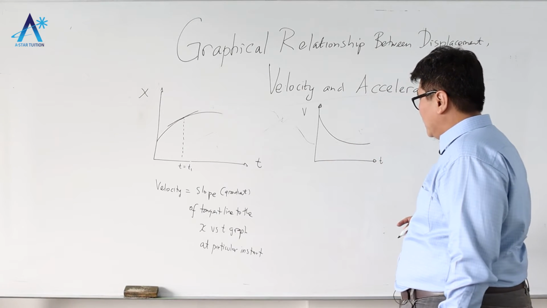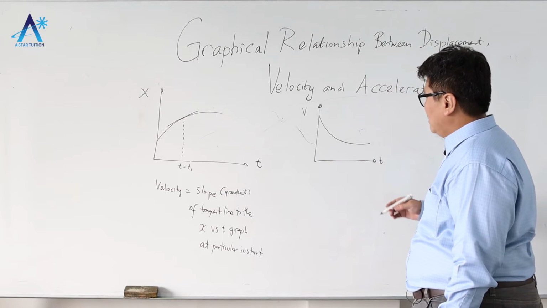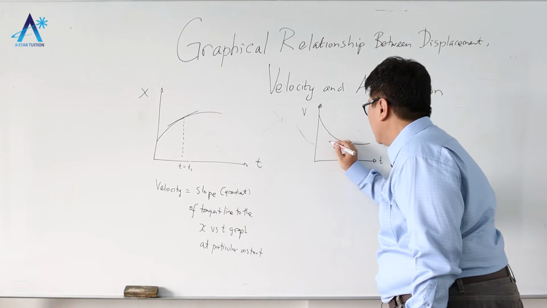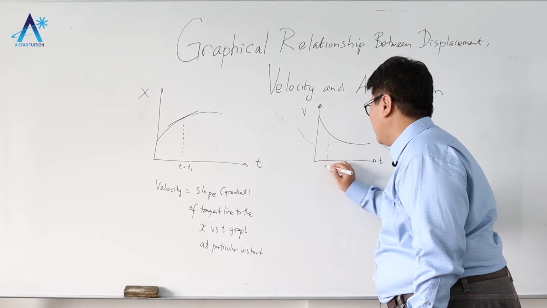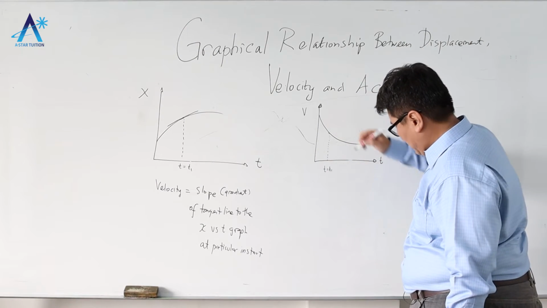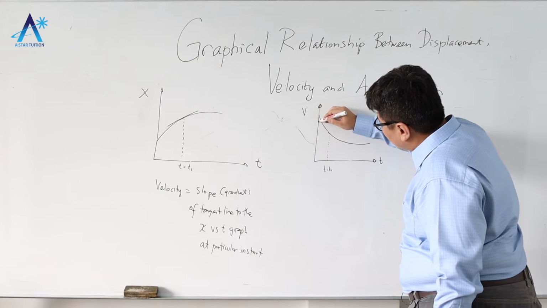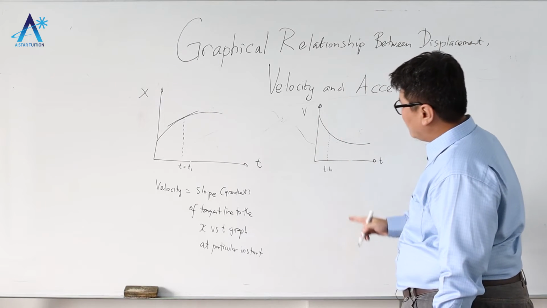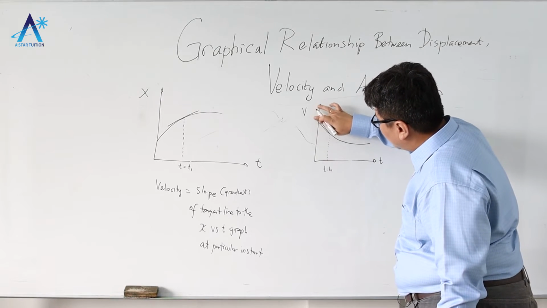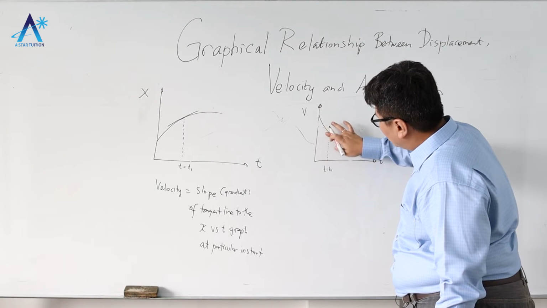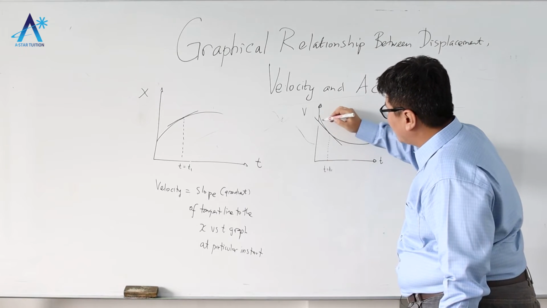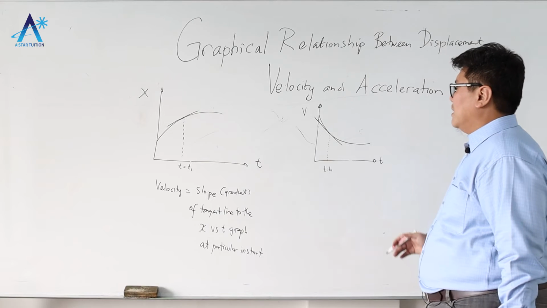The first one is this. Let's say at a particular time of interest, t equal to t1, we can draw a tangent line to the graph at t equal to t1, and from this tangent line we estimate the slope, again rise over run.